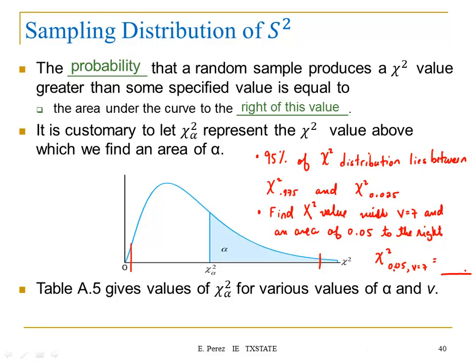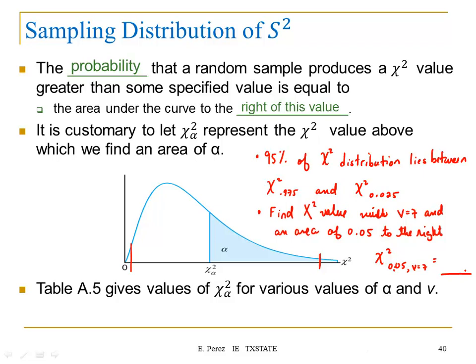Alpha is the probability, so in this case, it's 0.05. The first thing you have to do is find the value of alpha. Once you find that value of the probability, you go to the first column of each table and find how many degrees of freedom you are using for your experiment.